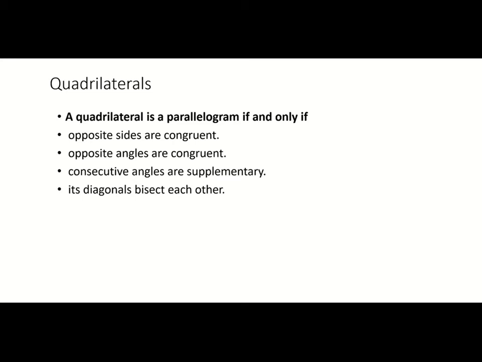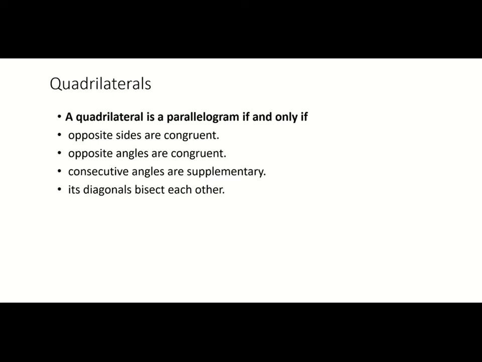So just as a review for parallelograms, remember a quadrilateral is a parallelogram if and only if opposite sides are congruent, opposite angles are congruent, consecutive angles are supplementary, and its diagonals bisect each other.